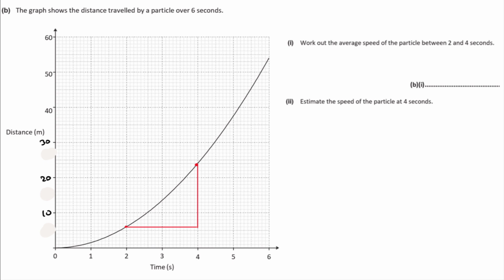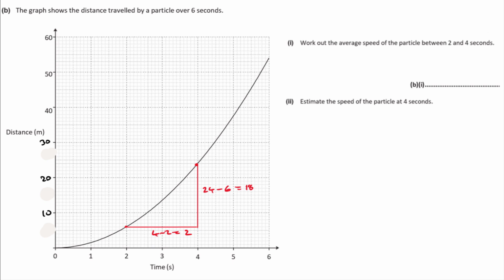So that is going to be 24 minus, what's that, 6? What's 24 minus 6? That is going to be 18. And then time is 4 take away 2, which is 2.